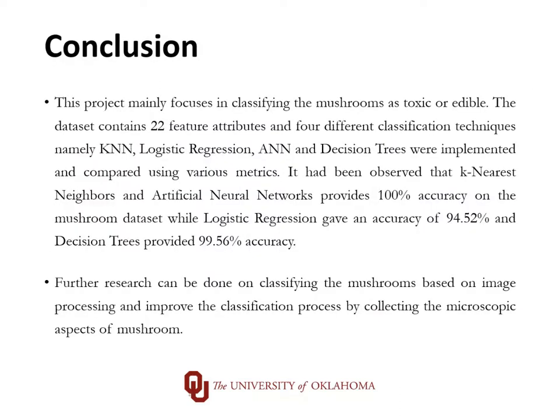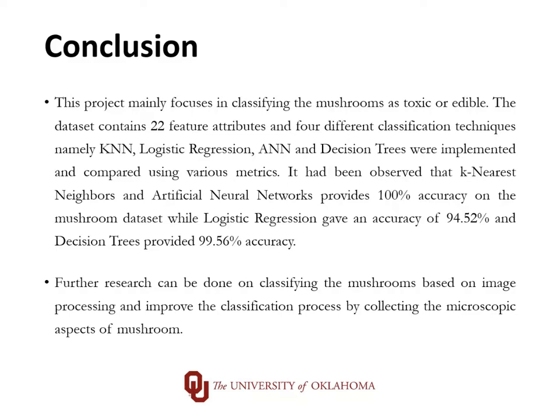This project mainly focuses on classifying mushrooms as edible or toxic. The dataset contains 22 physical properties of the mushrooms, and 4 models were built using these 22 attributes: k-nearest neighbors, logistic regression, decision trees, and artificial neural networks.